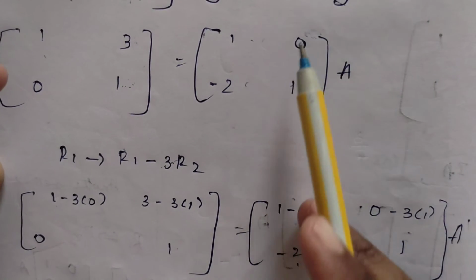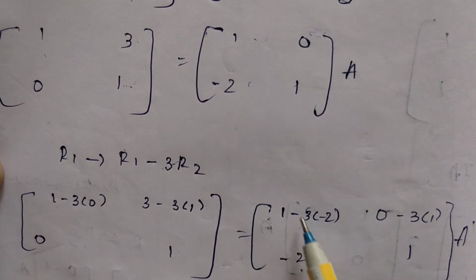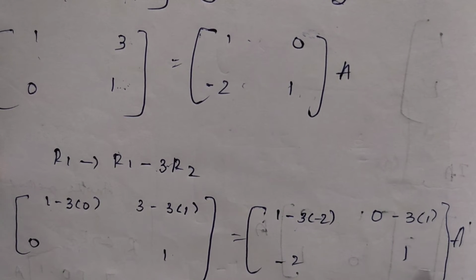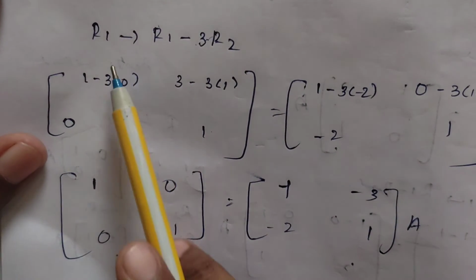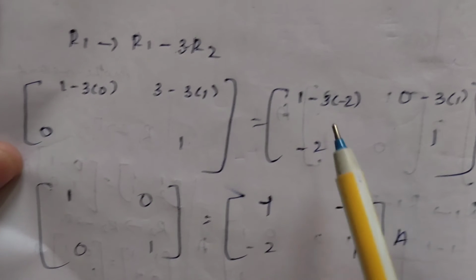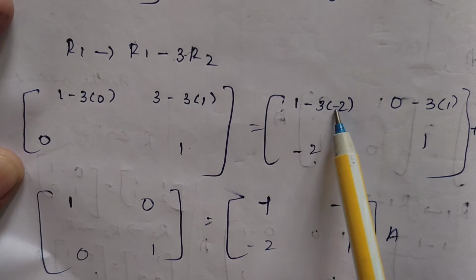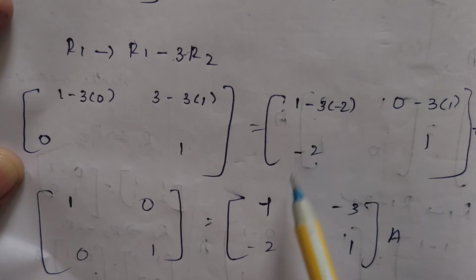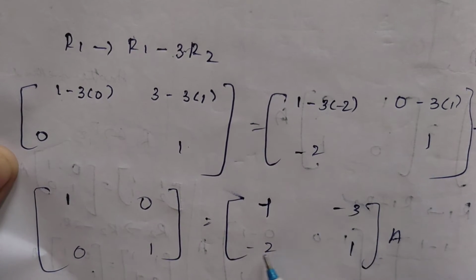Same thing here: 1 minus 3 into minus 2, 0 minus 3 into 1, minus 2 1 A. Now apply the operation. 1 3 minus 3 0 0 1 is equal to 3, minus into minus plus, so 3 into 2 is 6, 1 plus 6 is 7, 0 minus 3 is minus 3, minus 2 1. So minus 2 1 A.